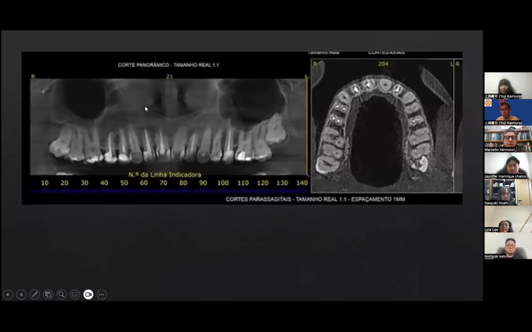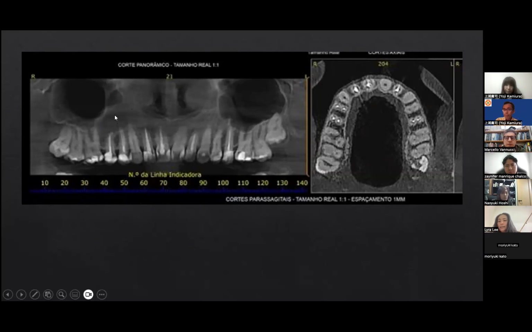So, a patient 40 years old came to our clinic with these findings on the right side of the maxilla. The first assessment was to know what kind of lesion this is.